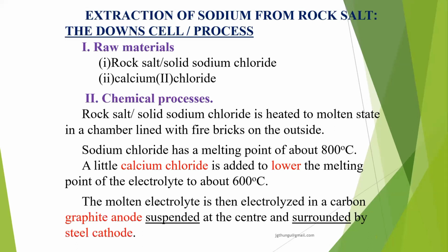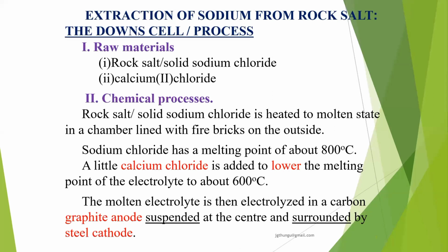The molten electrolyte is electrolyzed with a carbon anode, that is the carbon graphite anode, suspended at the center, surrounded by a steel cathode. So the anode in this cell is made up of graphite, while the cathode is made up of steel. So we say that the anode is positive, and the cathode is negative.